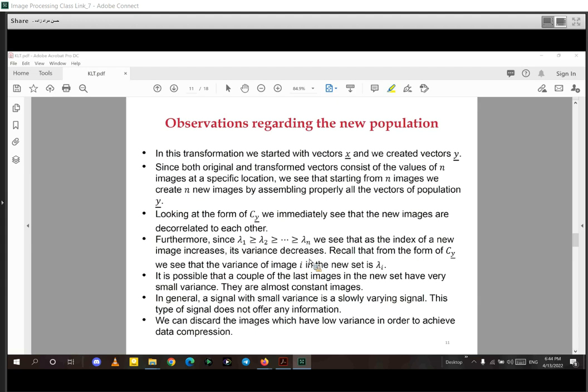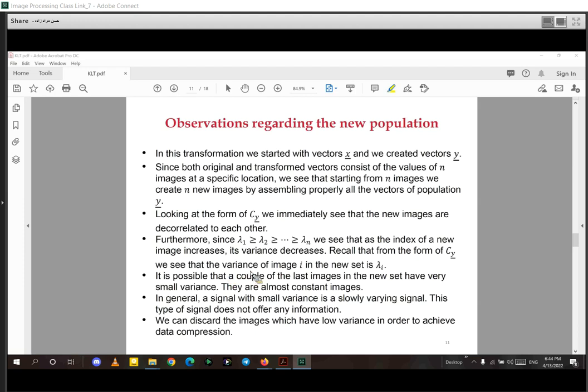The second row is for the second component and lower variance, and so on. The last row corresponds to lambda n and the smallest variance.